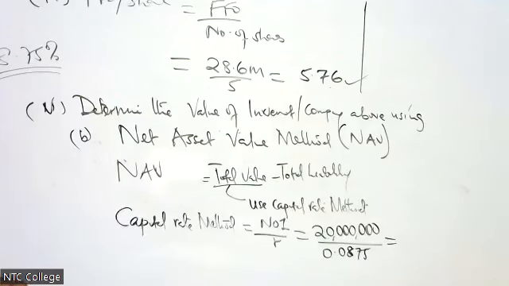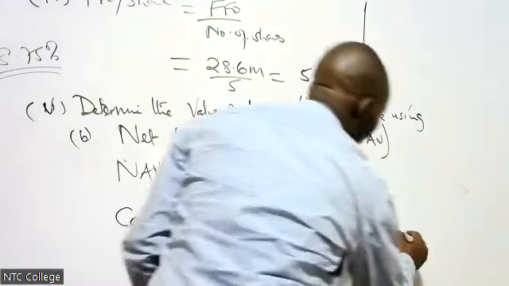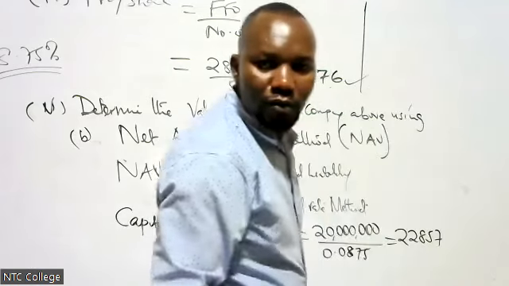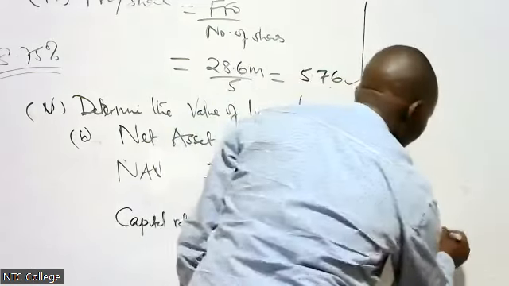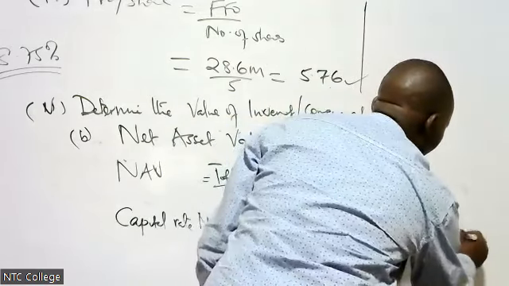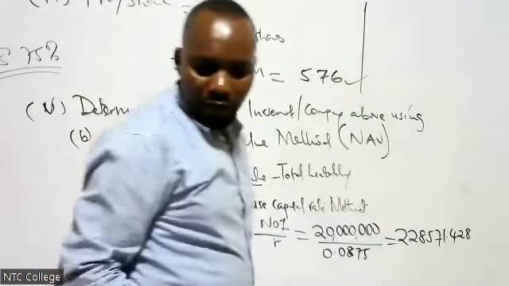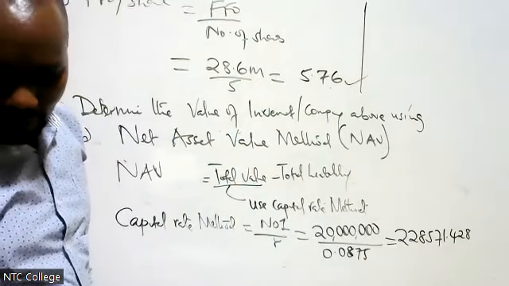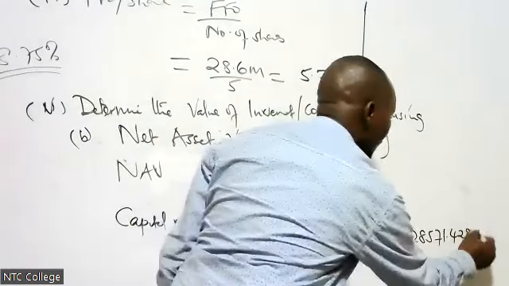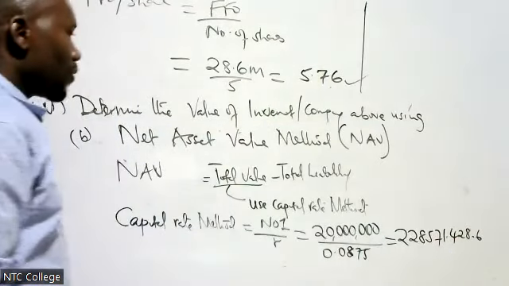Unapata ngapi? 228,570. 228,428.6 minus total liability.